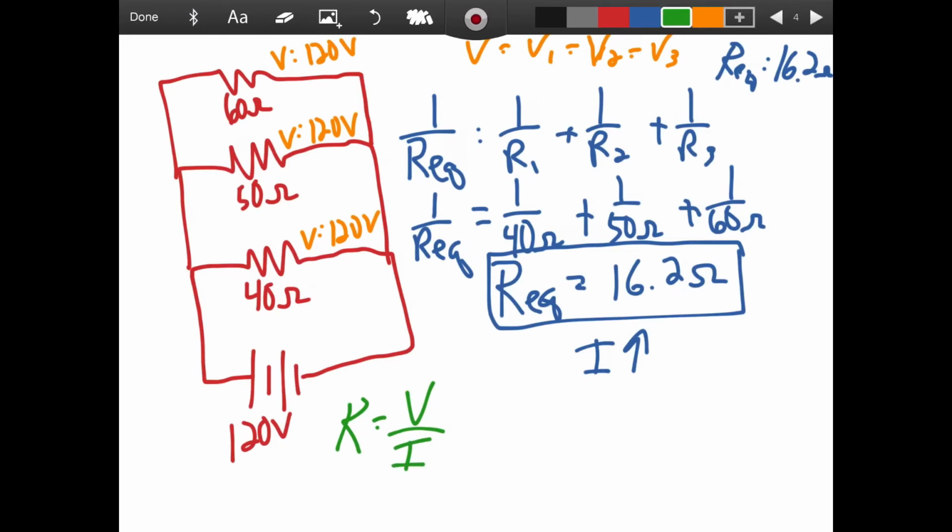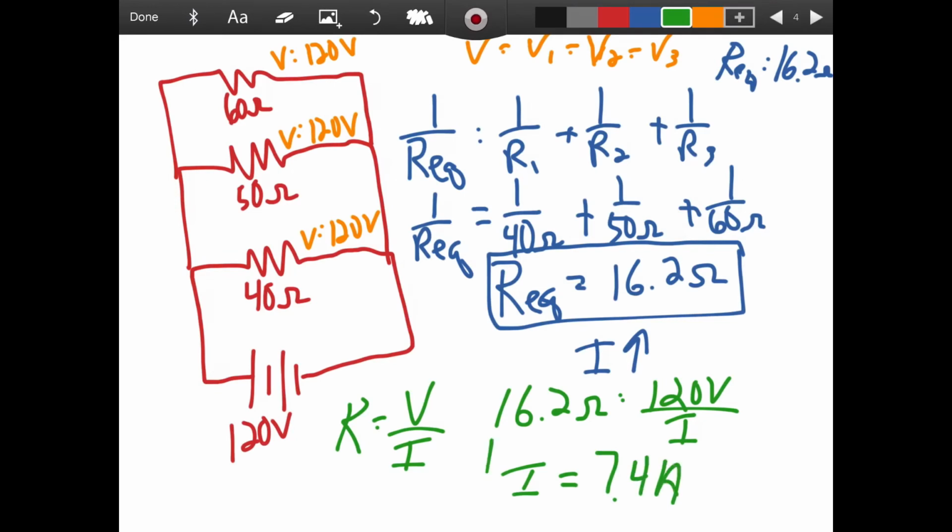We're going to use REQ, so we're going to have 16.2 ohms equals the voltage, 120 volts, over I. We're going to get the current in this circuit to equal 7.4 amps, which is a lot higher.